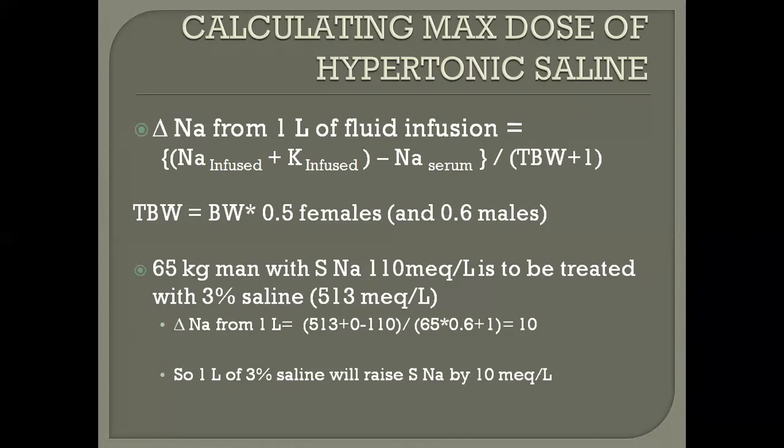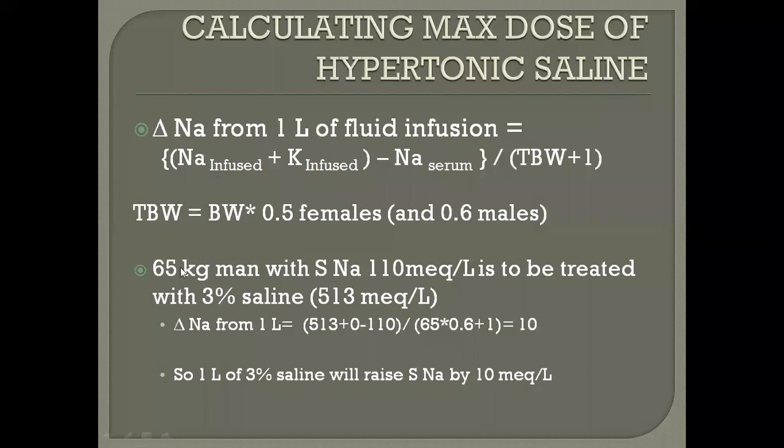The formula says the change in sodium, that is delta sodium, from giving 1 liter of a fluid infusion is equal to sodium in the infused fluid plus potassium in the infused fluid minus serum sodium, divided by total body water plus 1. Total body water is body weight into 0.5 in females and 0.6 in males.